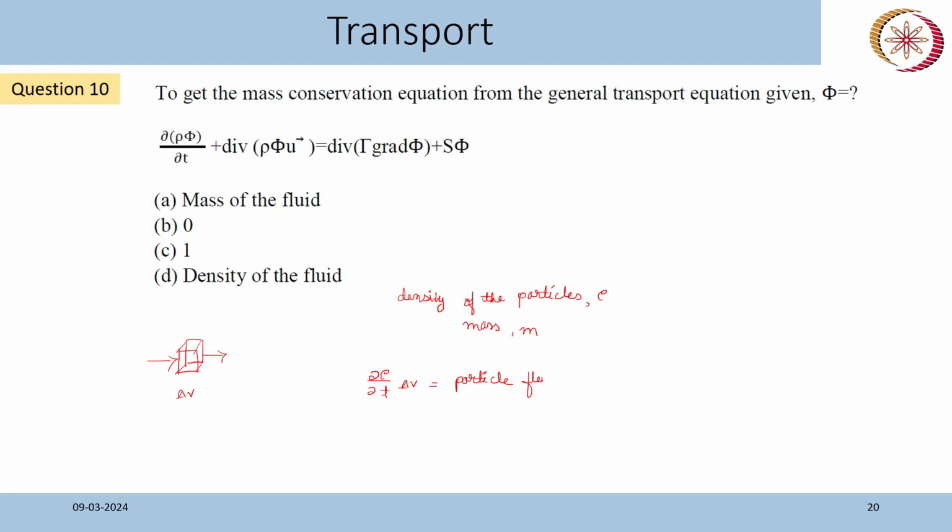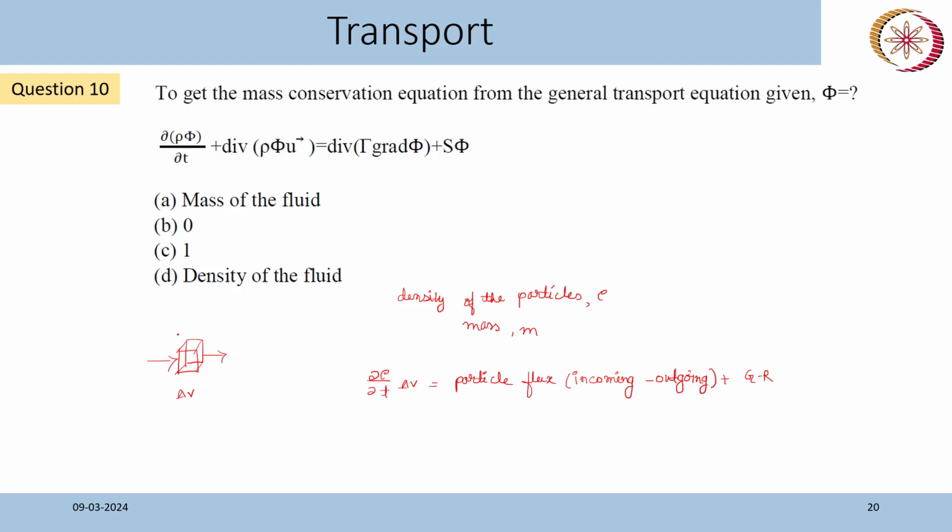Okay. So this will be particle flux incoming minus outgoing. And there will also be a term for generation and recombination if there are excess carriers.